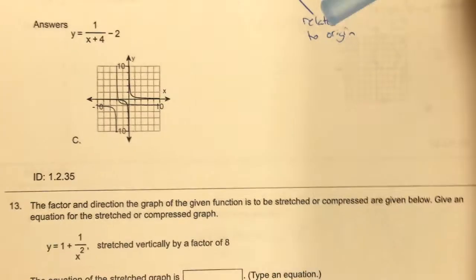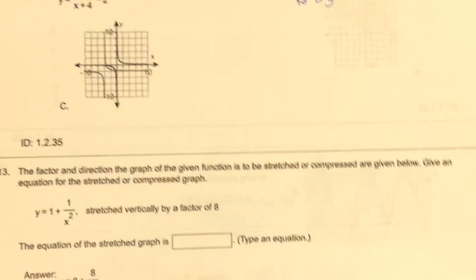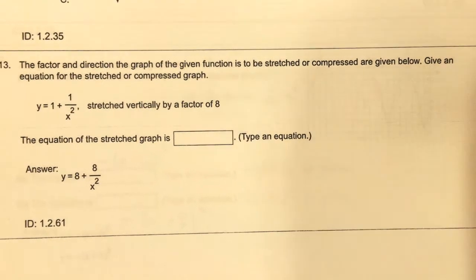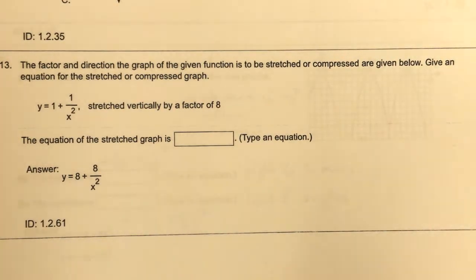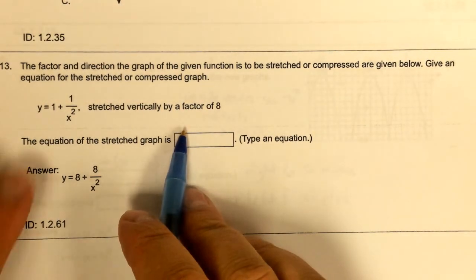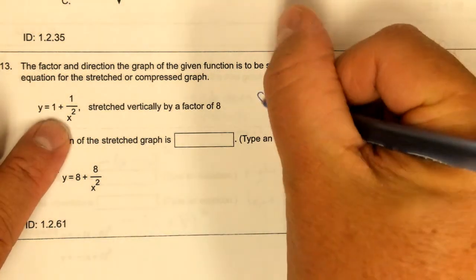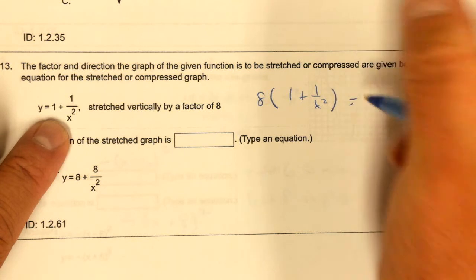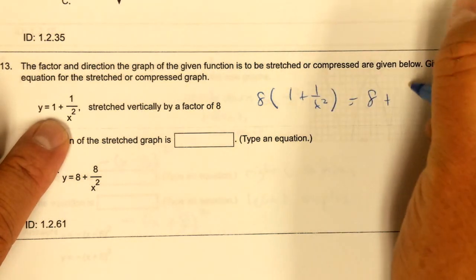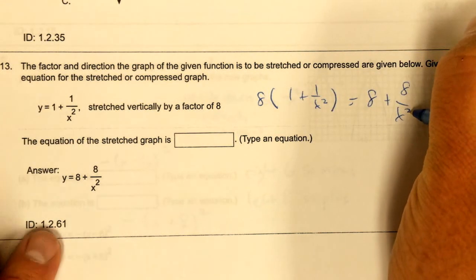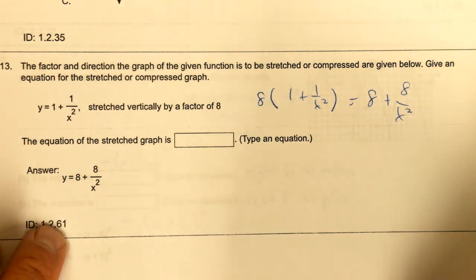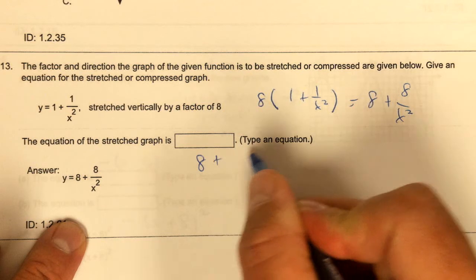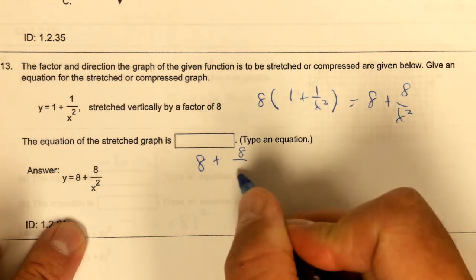Okay, now for 13, we have 1 plus 1 over x squared, and we want to stretch it vertically by a factor of 8. So what we do is 8 parentheses, 1 plus 1 over x squared, and then distribute, so it's 8 plus 8 over x squared. So the other thing, it's going to be a common error, and y'all got to make sure you do it right.